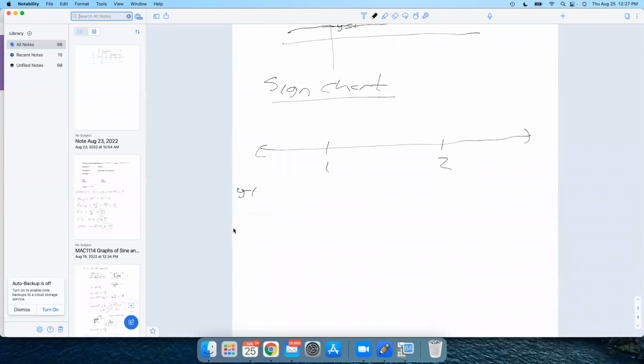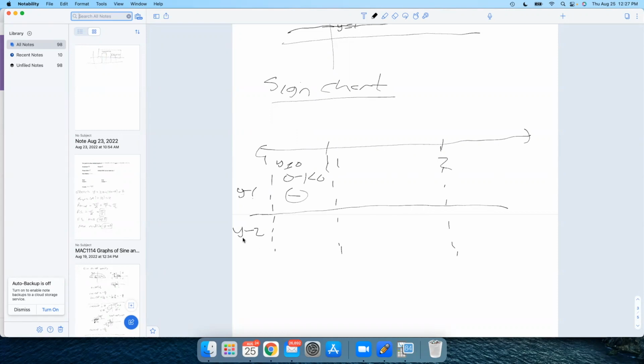I'm going to write down my factors over on the side, and then I'm going to use test points for each region here. So I've got 3 regions. If I plug in any number less than 1, say, for example, y equals 0, 0 minus 1 would be -1. That's negative.